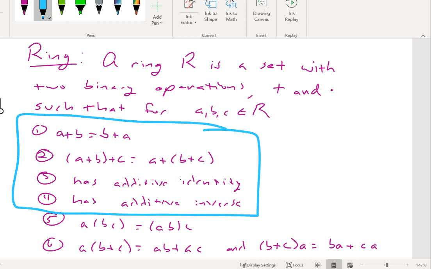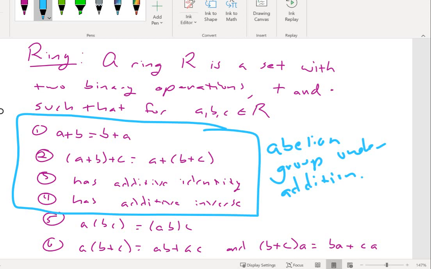What do these properties tell you? Yeah, we're starting off with an abelian group. So we're really only adding two little things to what you've already done, right? It's an abelian group under addition. It is not a group under multiplication, because we only have these two stipulations about the multiplication.